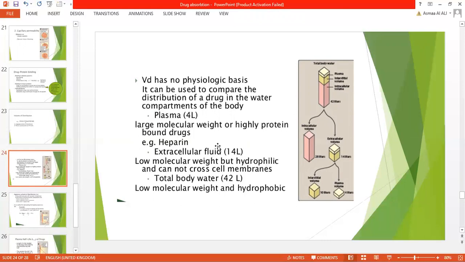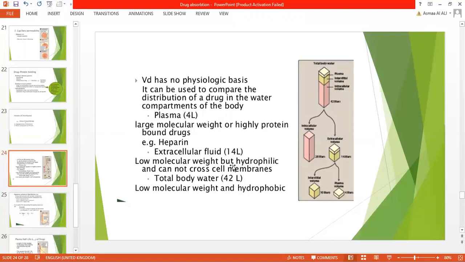A low molecular weight but hydrophilic drug cannot cross the cell membrane. Total body fluid is about 42 liters, all of this in an individual of about 70 kilograms in weight.